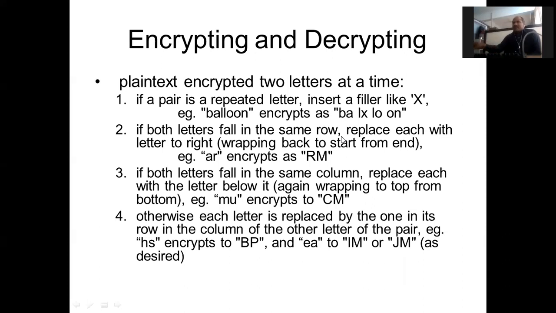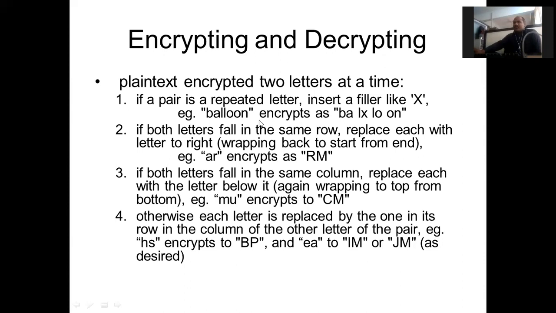Now, for example, if a pair is a repeated letter, you insert a filler like X. Suppose your plain text has balloon. Then we need to make 2-letter groups of this plain text. The first is BA.